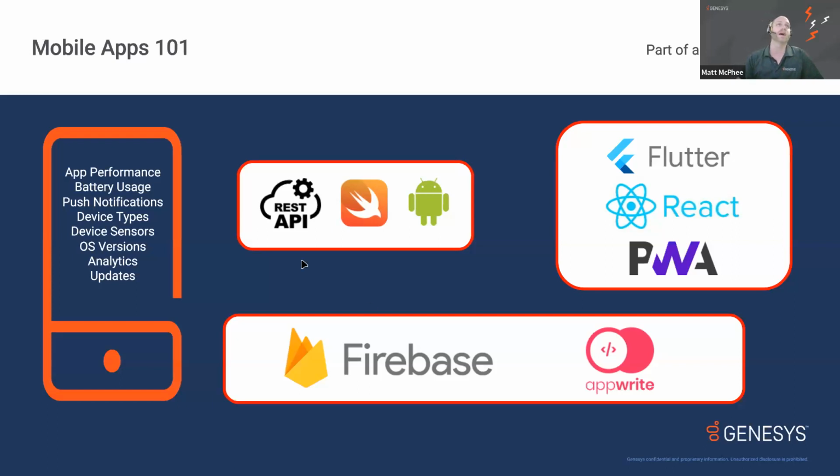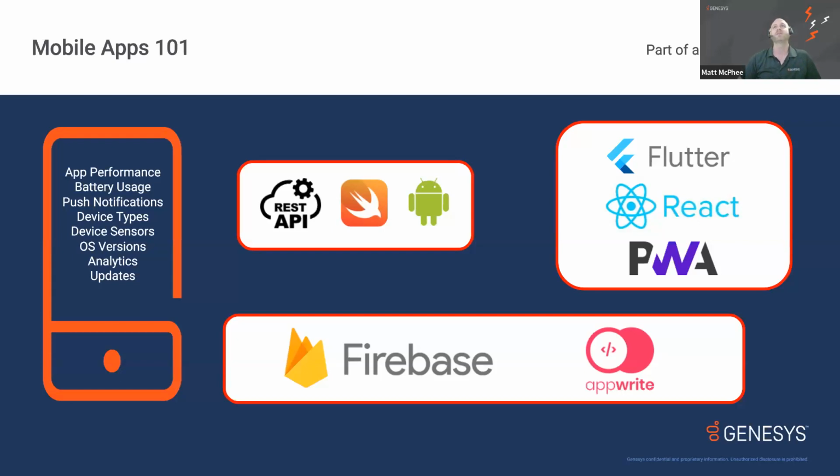Is it an actual native Apple Swift code base, and then a completely separate native Java code base for Android? Or are you using more of an all-in-one code base, with tool sets such as Flutter, React, or even a progressive web app? I've seen a lot of customers say they have a native app, but it's actually more of a web app, looking and feeling like a native app.